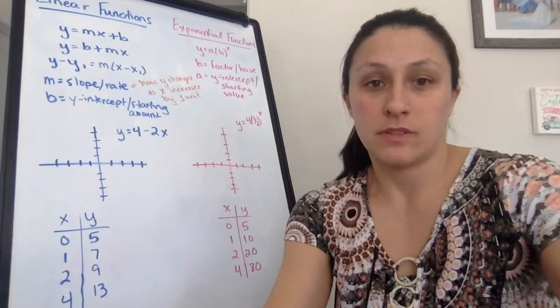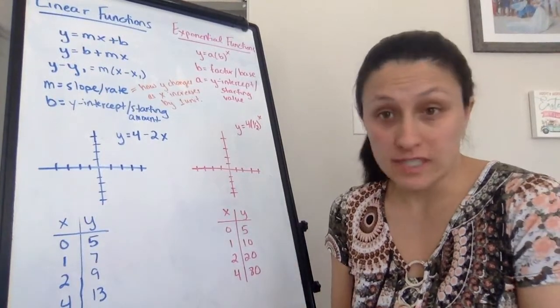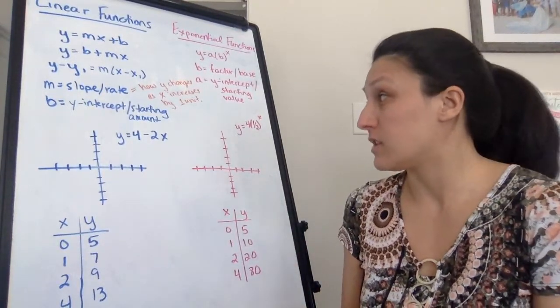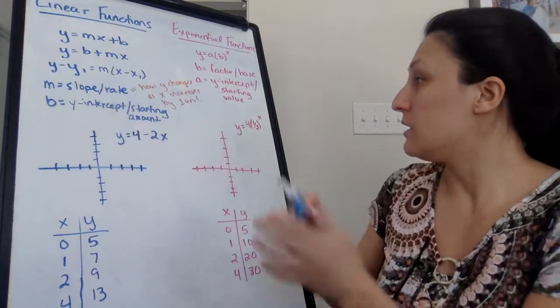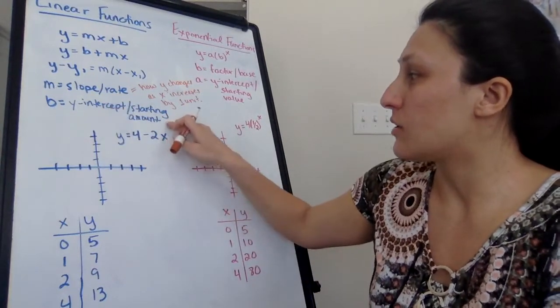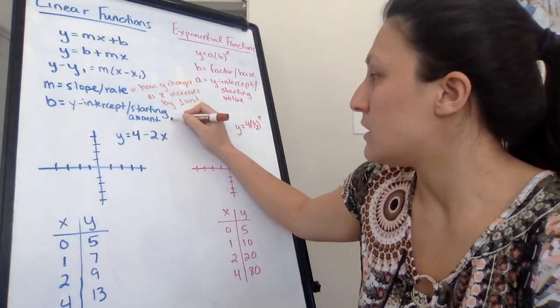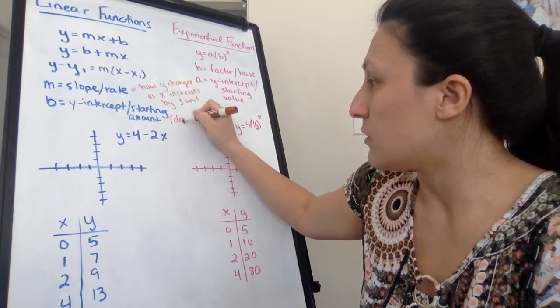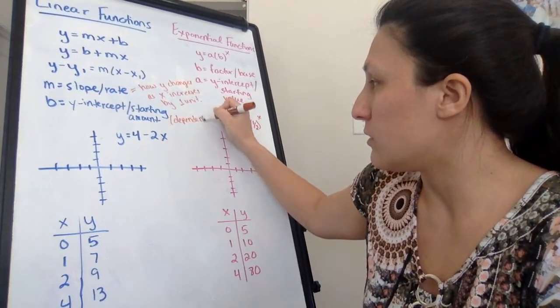Okay, so that's really important to understand, that's the definition of a slope. And then b, the y-intercept or the starting amount, is the starting amount of the dependent variable, the y variable.